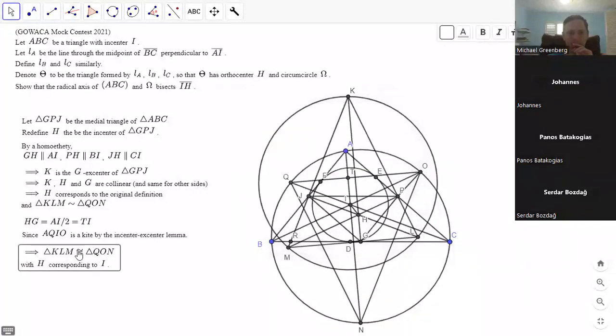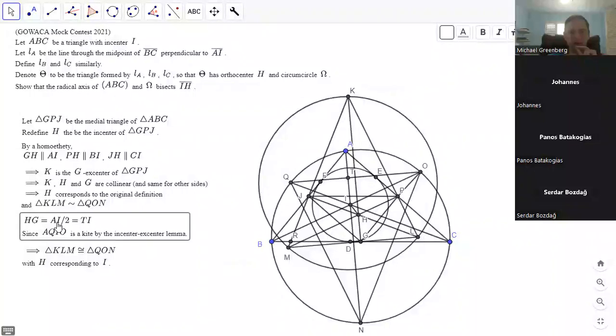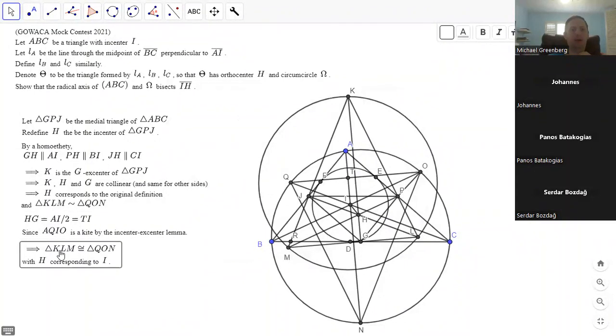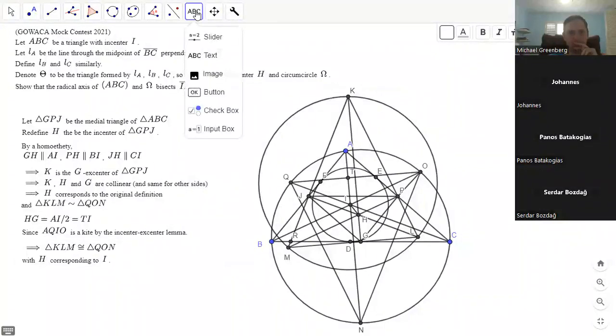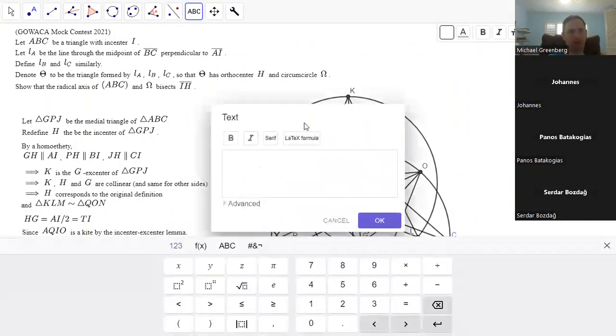And that implies that, by symmetry, the radical axis has to pass through the midpoint of IH. So that solves the problem.